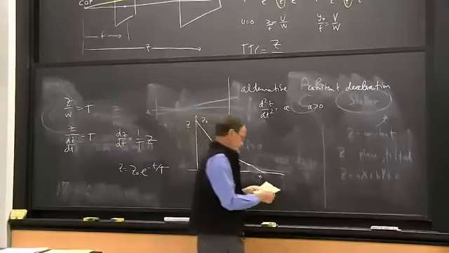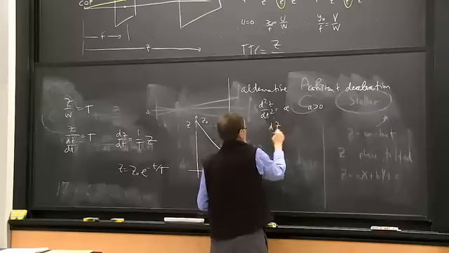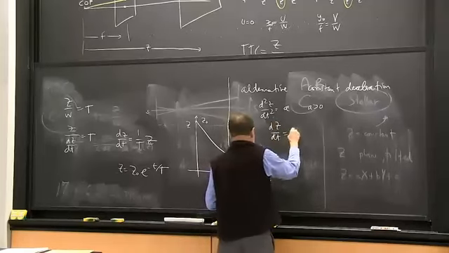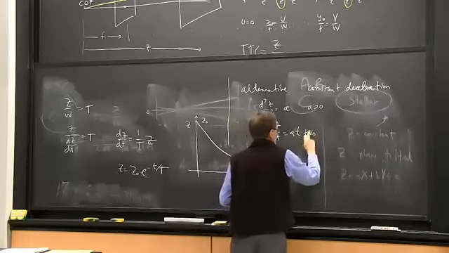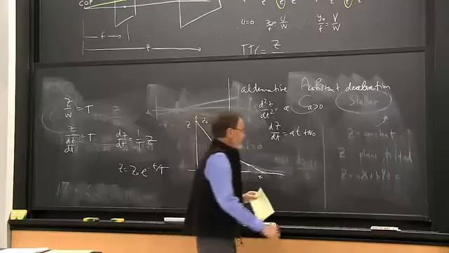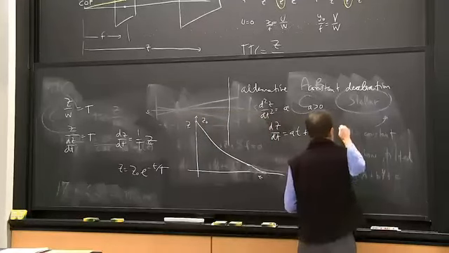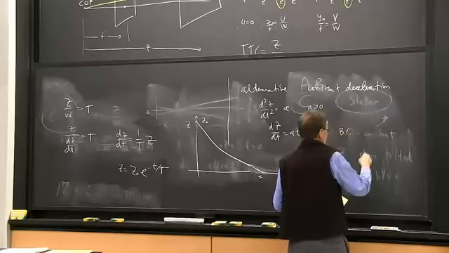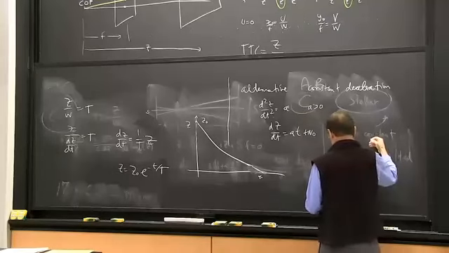We'll just assume that it's constant. And so we integrate that once, and we get a constant of integration. And we can apply the boundary conditions, which are that at some point we reach the surface.